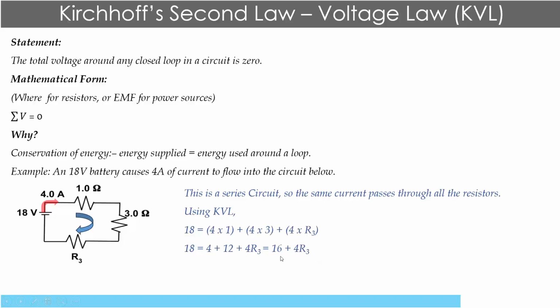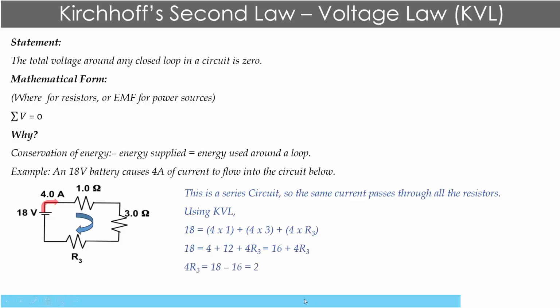So we have that 18 is equal to 4 plus 12 plus 4R3, and this is equal to 16 plus 4R3. So if I'm going to move 16 over the equal to sign to meet 18, I can rearrange this equation to become 4R3 is equal to 18 minus 16, which is equal to 2.